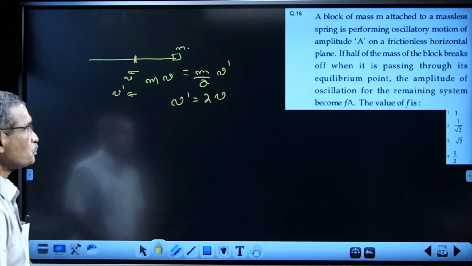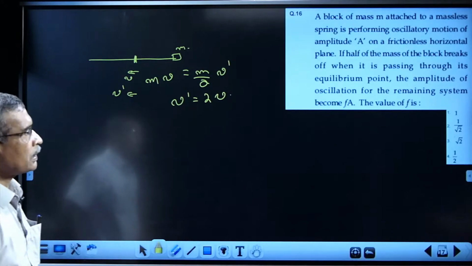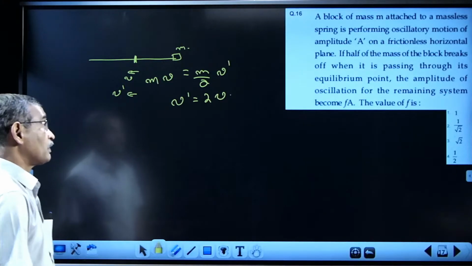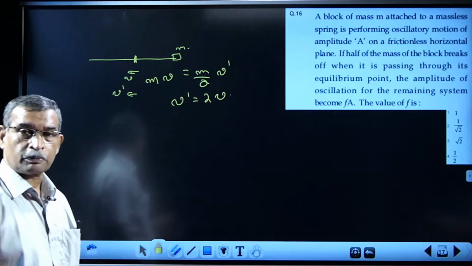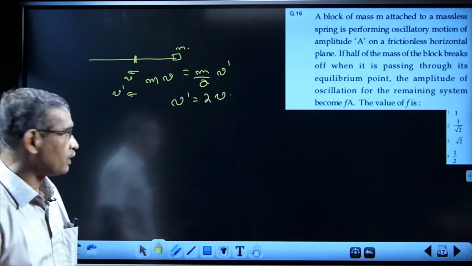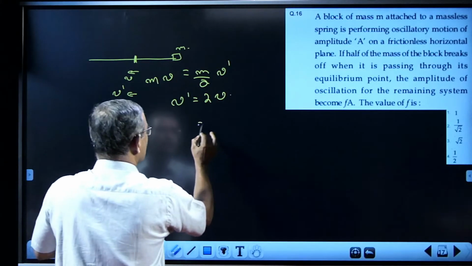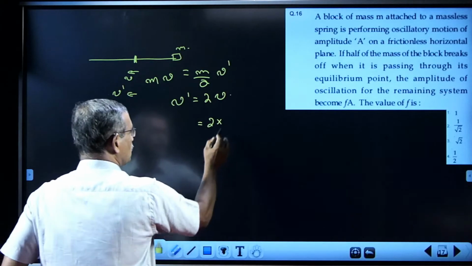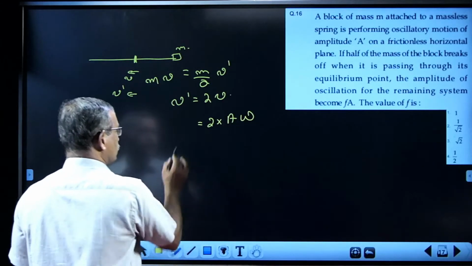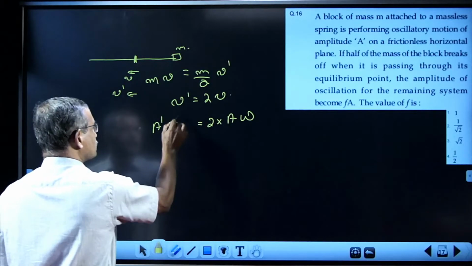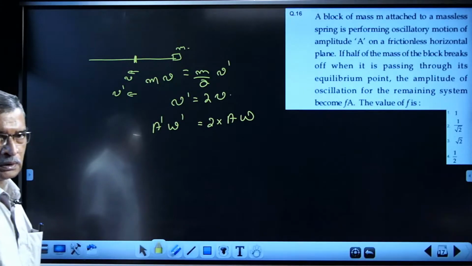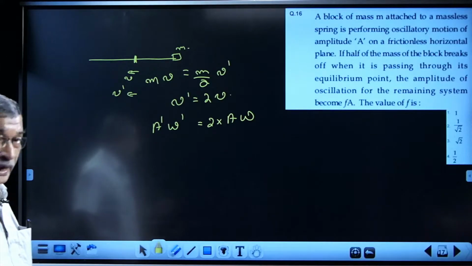Now, the velocity of an oscillating body, when it crosses the mean position, is maximum and is given by A omega. Therefore, 2 into A omega is equal to A dash omega dash.